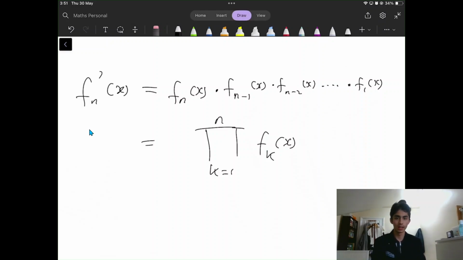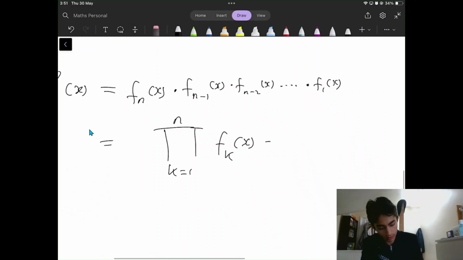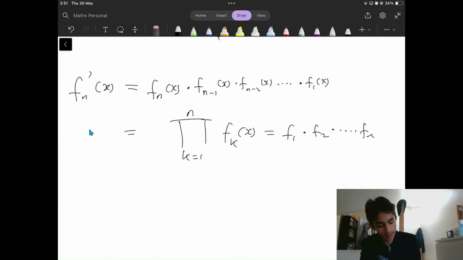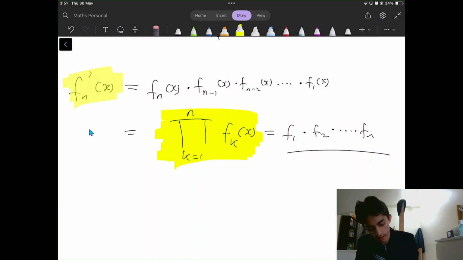This is also the same as f1 of x times f2 of x times f3 all the way to fn of x. I'm just not going to write the x's. But yeah, that's our first gradient function generalization done, right?